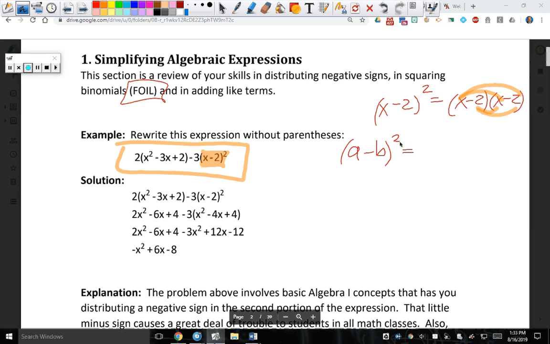We saw these. A minus b quantity squared is a squared minus what? 2ab. And then, say it out loud, plus b squared.